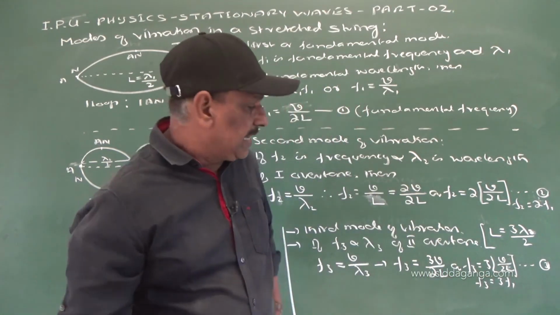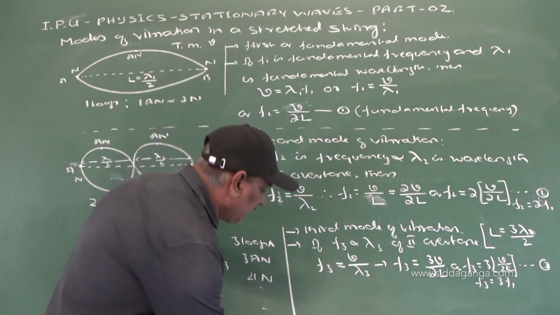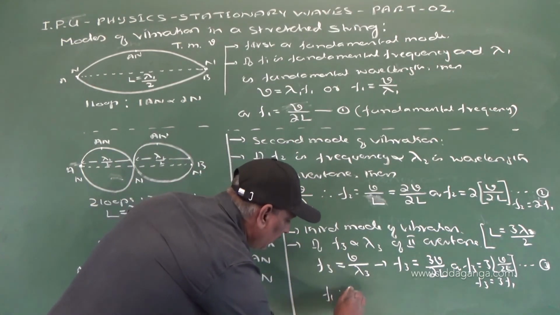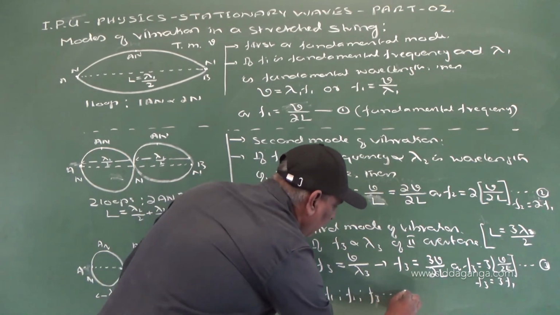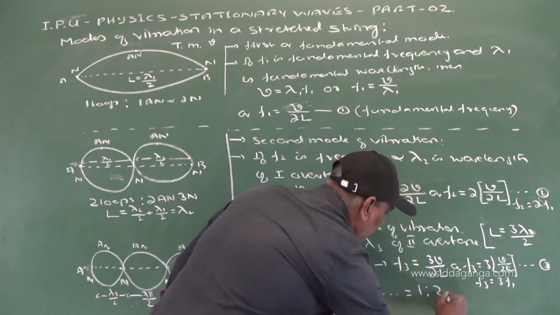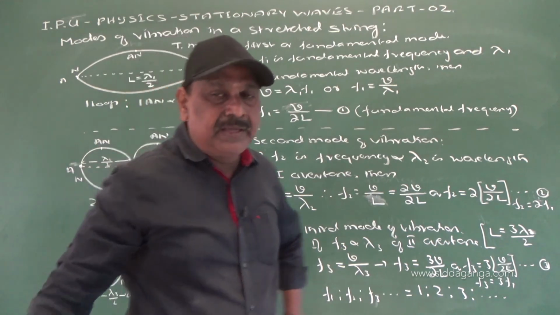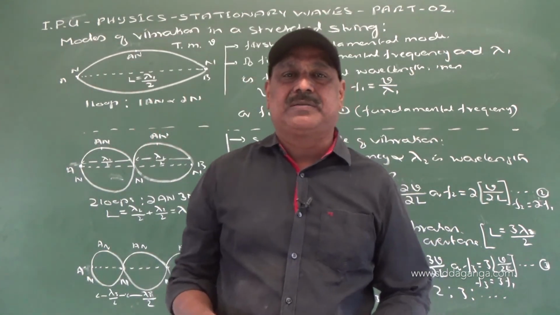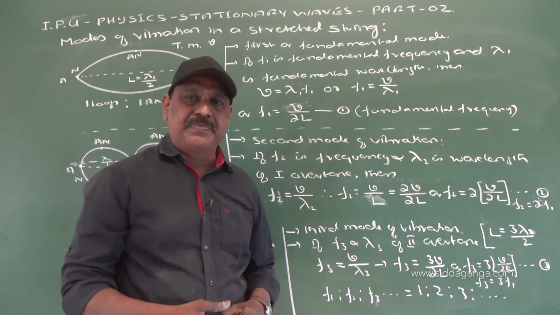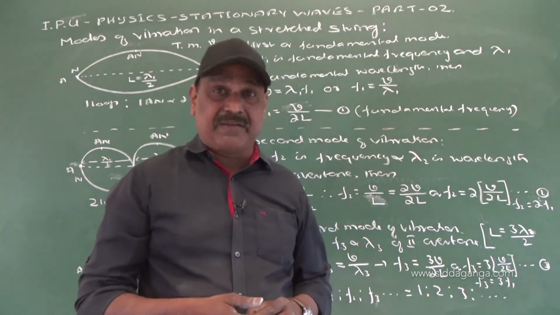That means the second overtone is equal to the third harmonic. Similarly, we can show that F1 is to F2 is to F3, etc., is equal to 1 is to 2 is to 3, etc. That means the frequencies of overtones of a stretched string are harmonics of the fundamental frequency, right?